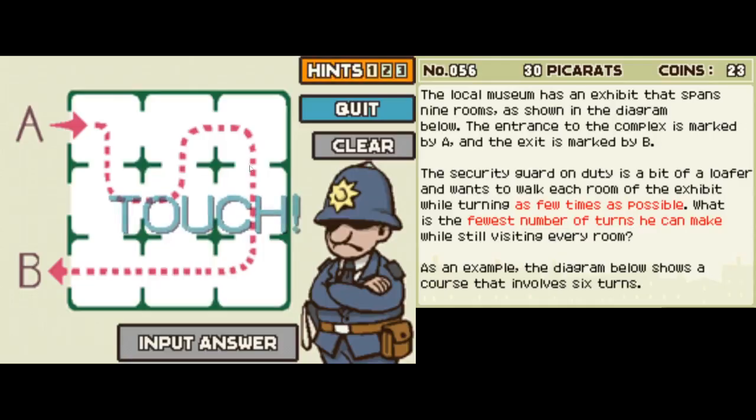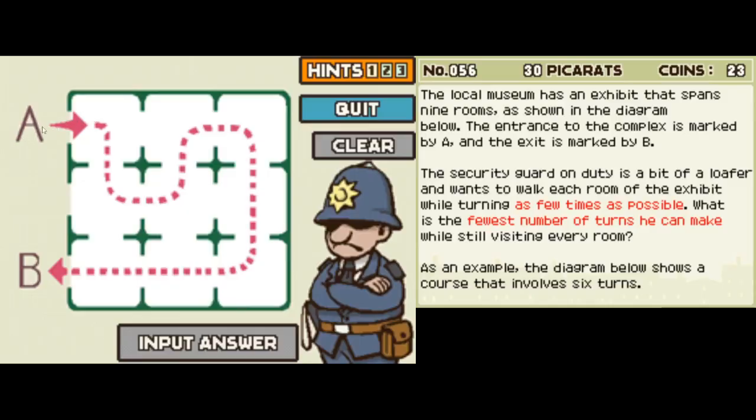Alright. So basically, from A to B, am I correct? Let me see. As an example, the diagram below shows a course that involves 6 turns.